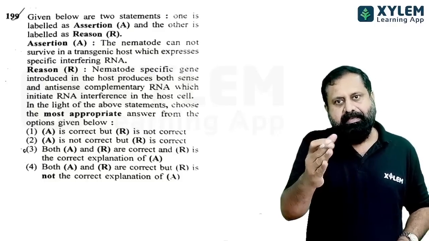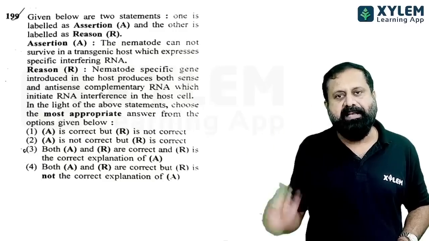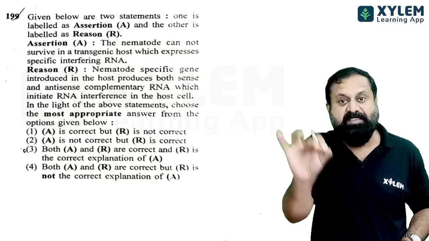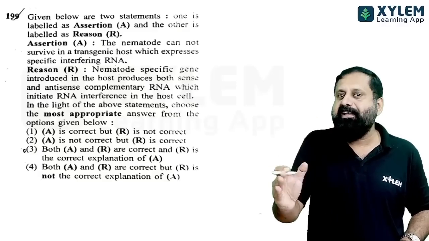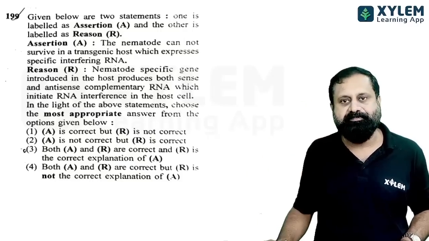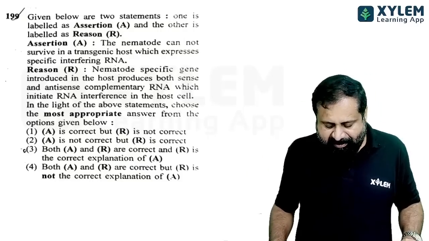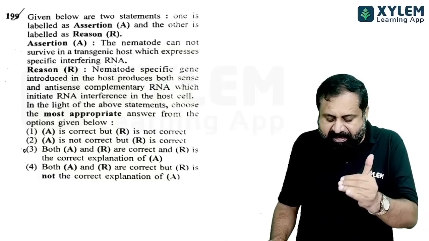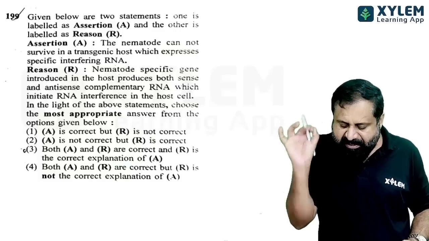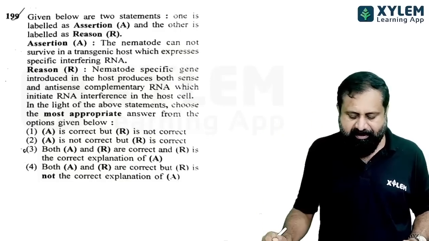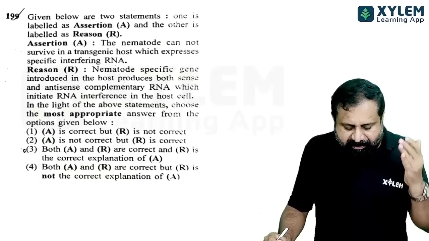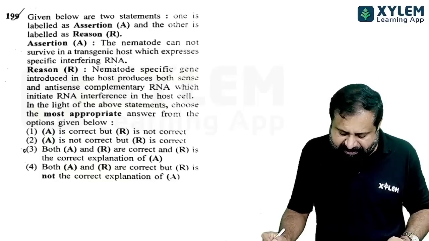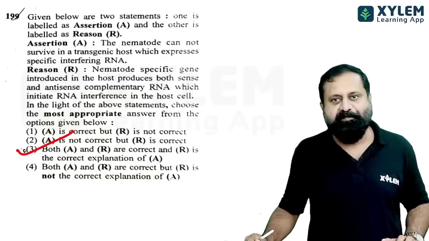The plant can be saved from the nematode parasite, Meloidogyne incognita. Why? Reason: the nematode specific gene introduced in the host produces both sense and antisense complementary RNA, which initiate RNA interference in the host cell. Assertion is right, reason is also right, so the reason is a correct explanation of the assertion. So option 3 is the right answer.